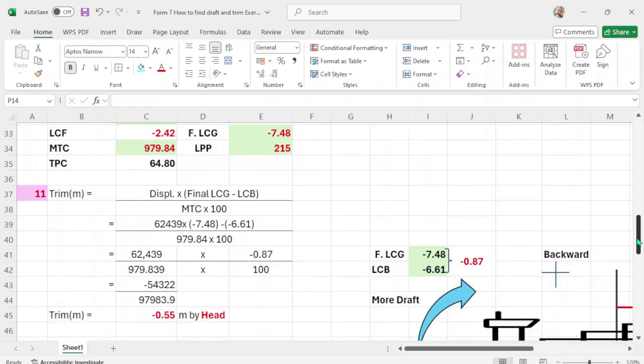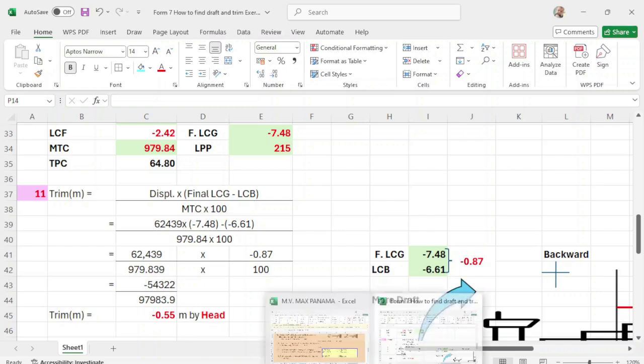Okay, multiply displacement with your distance. That will be negative 54322. MTC times 100 would be 97893.9, and the trim will be 0.55 by the head.